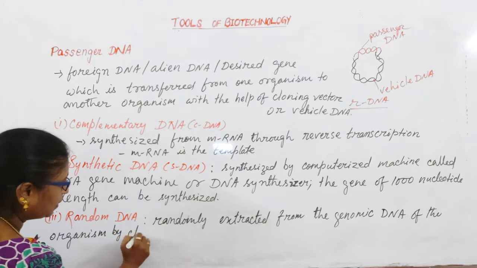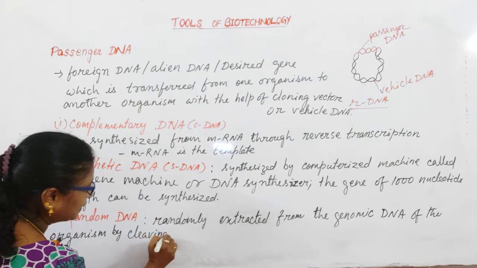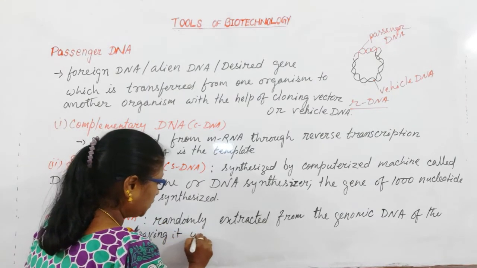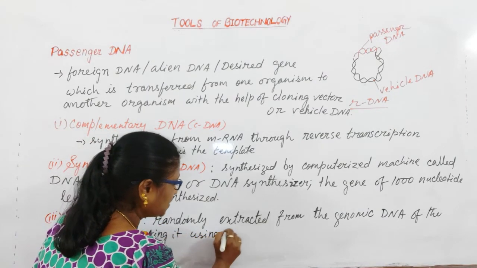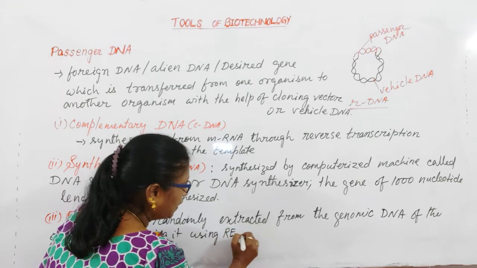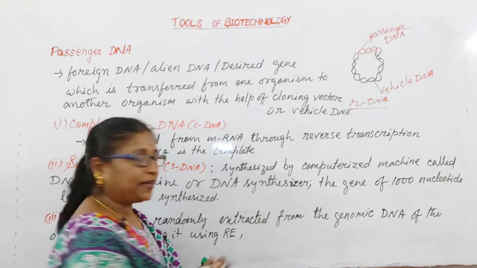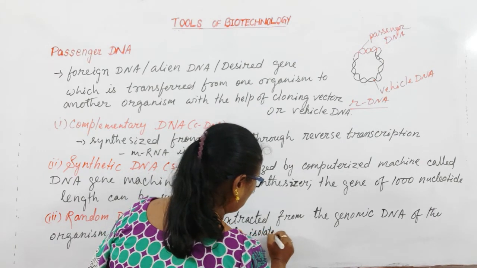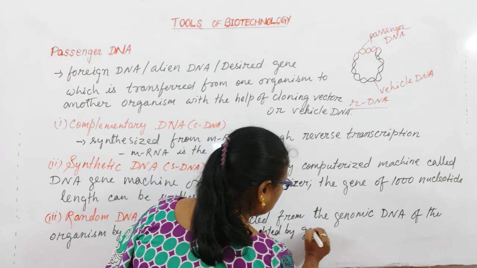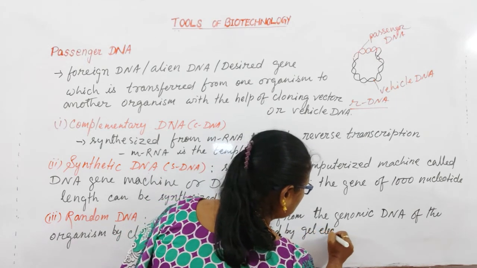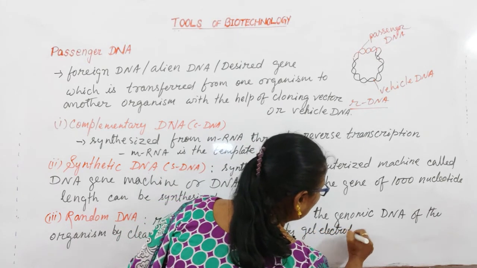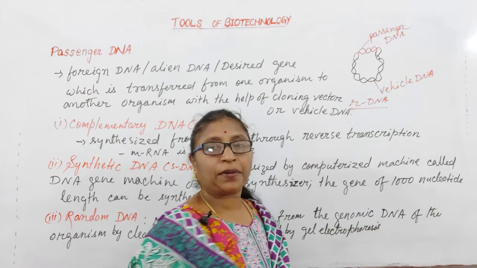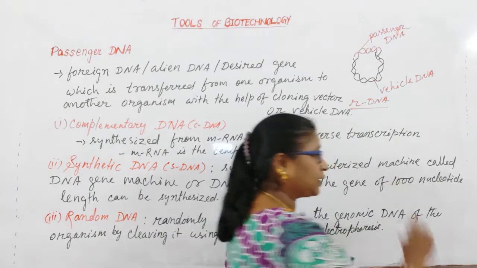Cleaving means cutting the DNA using restriction endonucleases, and it can be isolated by gel electrophoresis, separated by the blotting method, and then collected.